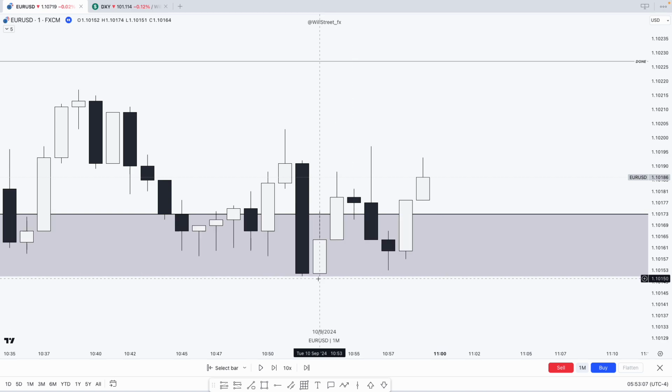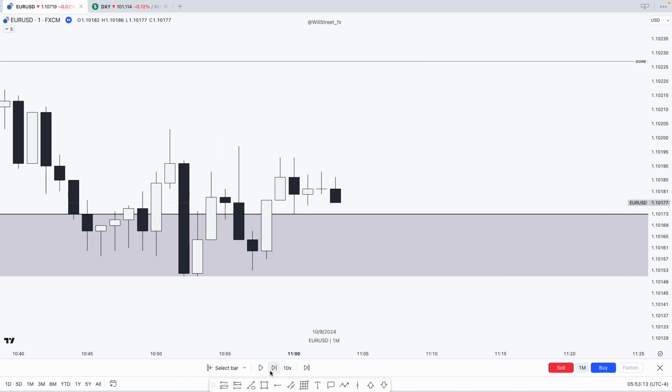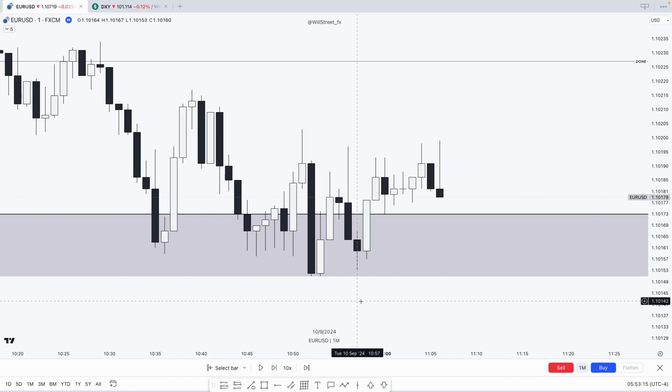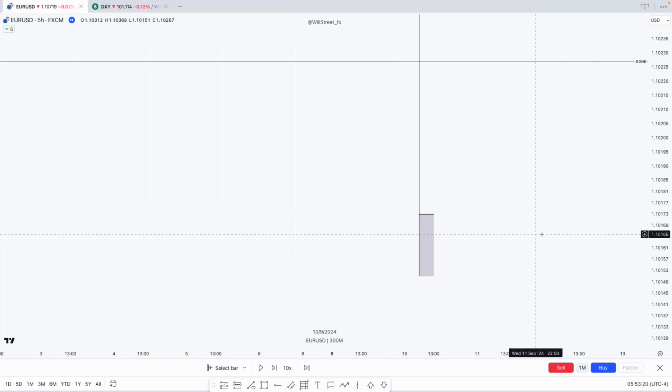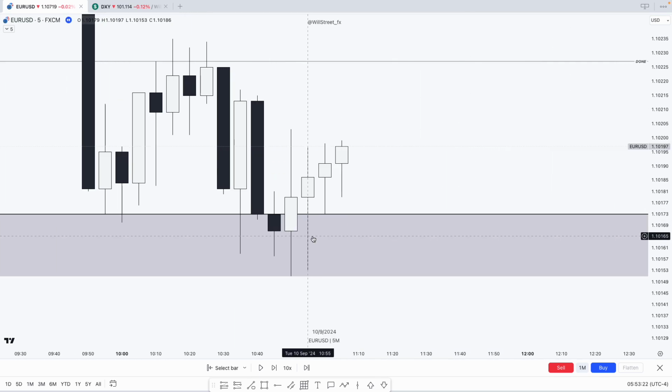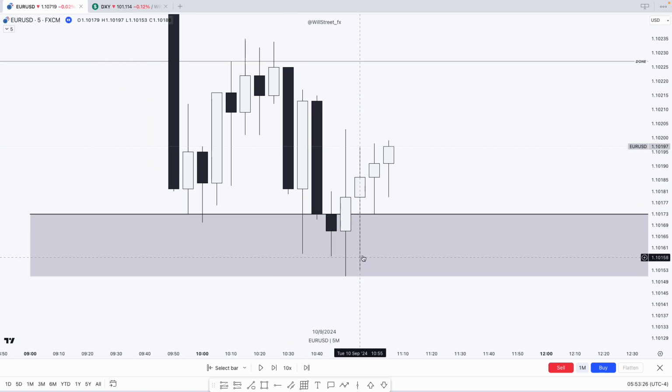So this could be like another failure swing in lower time frame, and after this you have another failure swing of the next candle. But you don't need to understand what I just said. Just go to 5 minutes here and you see that the low of the 10 a.m. candle was created at the last 7 minutes.